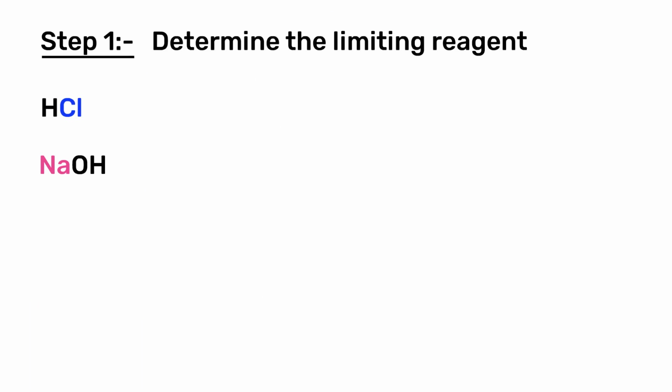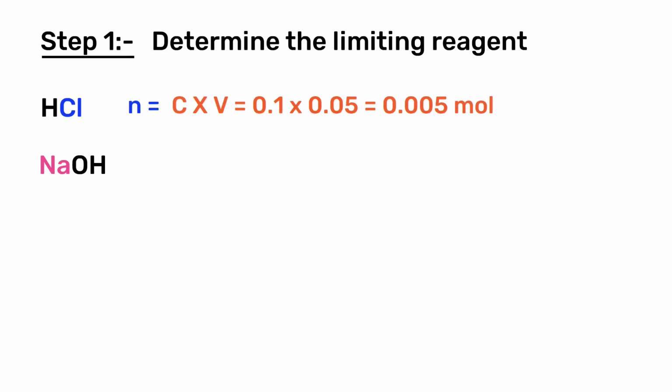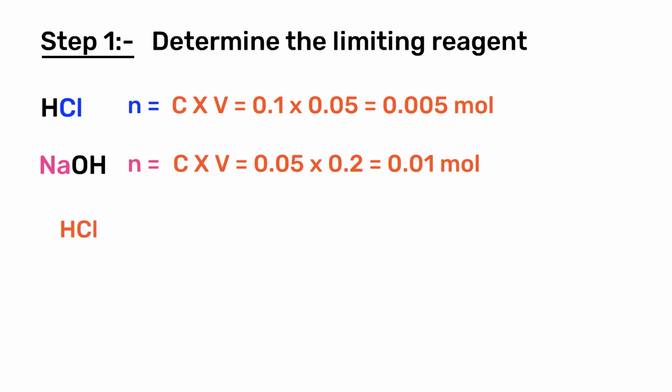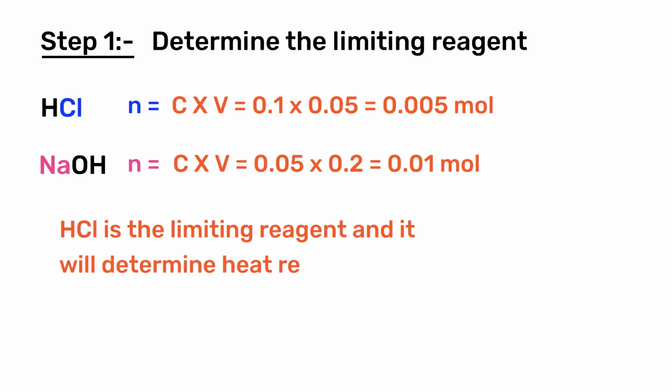So you calculate the amount in moles of hydrochloric acid and sodium hydroxide using the concentration and volumes given. And from this, you can see that hydrochloric acid is the limiting reagent, and therefore it will determine the heat released when both solutions are mixed in an insulated cup.